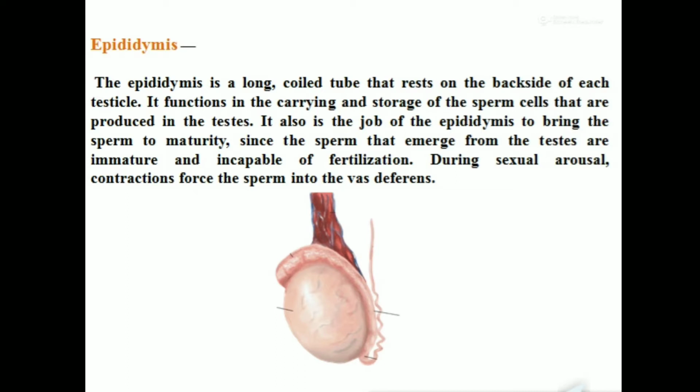That means the testis is an oval shaped structure, and it is associated with another structure known as the epididymis. The epididymis is a long tube structure, and it is divided into three parts: head part, body part or middle part, and tail part.